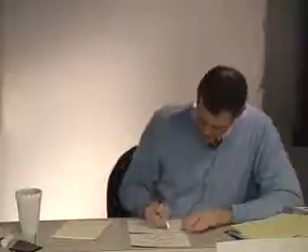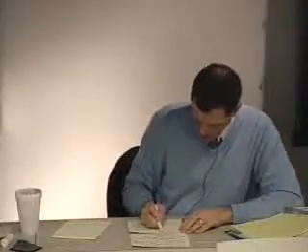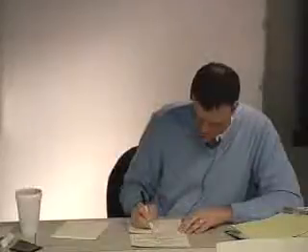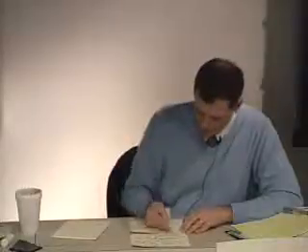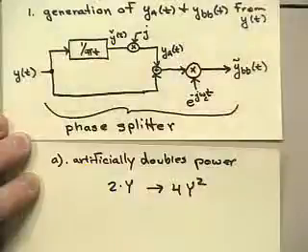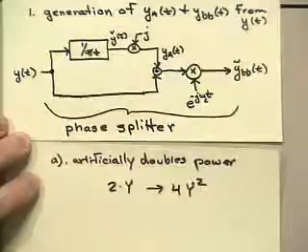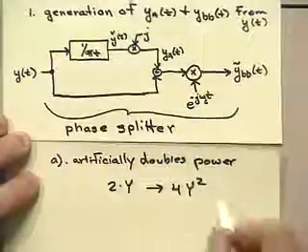So this system kind of artificially doubles power, which I noted just a moment ago. Really I have 2 times y, because I've got it on both paths, which produces 4 times y squared. So there's a doubling of power in effect that occurs in this system.